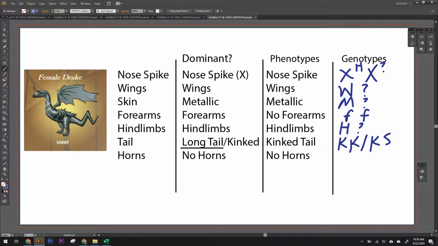And then no horns, which is the dominant trait. So we know that she has at least one of those. Now, let's go ahead and work together to figure out what the genotype for this female would be for her wings and her metallic skin.